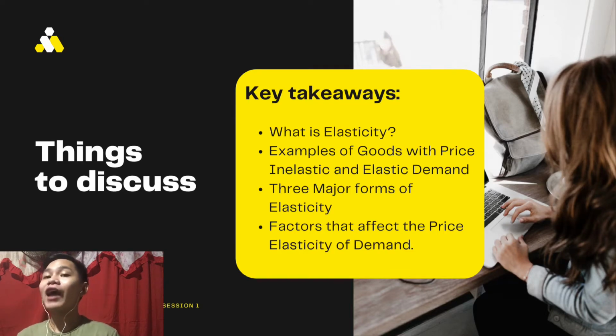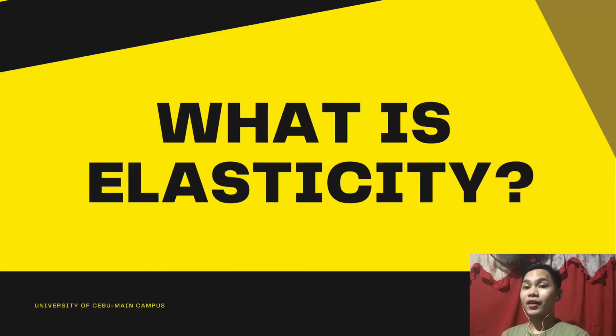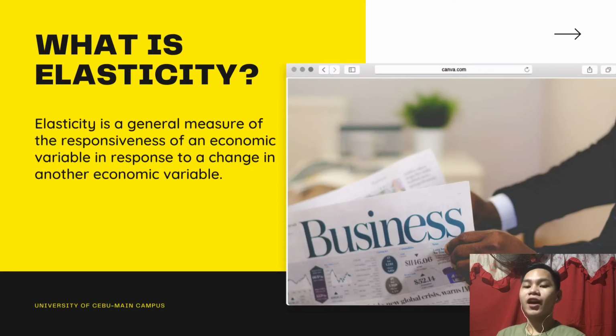So first, we have to define what elasticity is. Elasticity is a general measure of the responsiveness of an economic variable in response to a change in another economic variable. In other words, elasticity helps people purchase goods and services according to their abilities and needs. Given the scarcity of resources, consumers are usually compelled to make choices not only on the type of commodities to buy, but also on the quantity of the commodities to purchase.